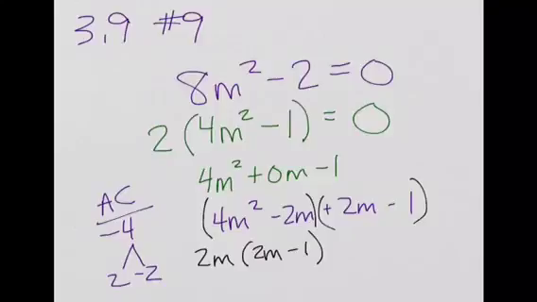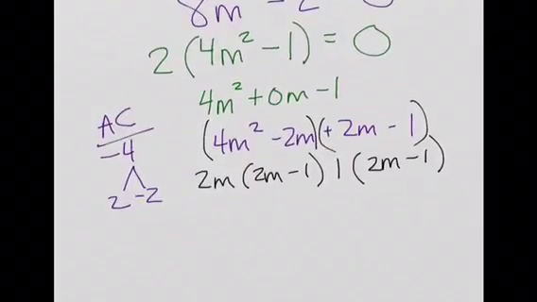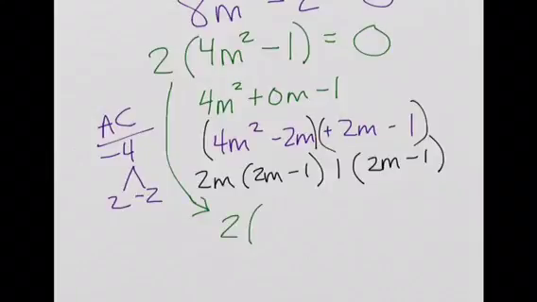And then here I look at 2m minus 1 and say, they don't have anything in common except a 1, so I have to pull a 1 out, it can be a positive 1 here, and I get 2m minus 1. And then when I rewrite this, I'm going to bring this 2 back down and rewrite my equation that I'm working with and say that it's 2 times 2m plus 1 and times 2m minus 1.